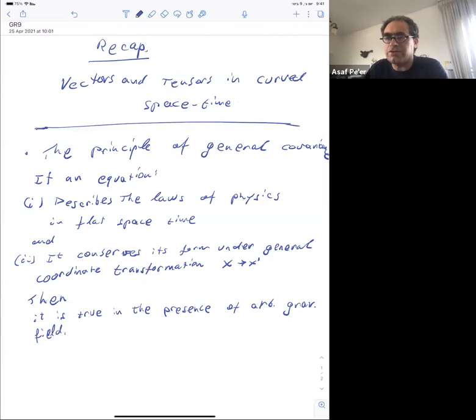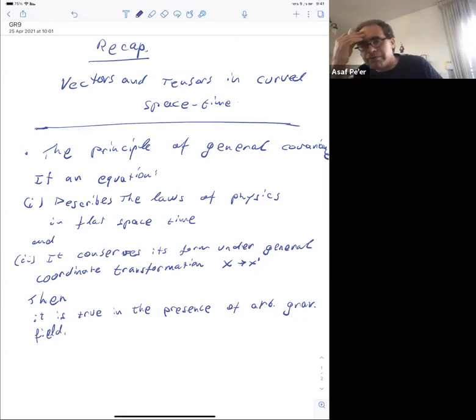And in fact, this follows directly from the principle of equivalence, which we've learned, right? And then the simple proof is, look at the second condition, says, okay, the equation assumes to conserve its form, right? So if it's true in one coordinate system, it's true in any other coordinate system.